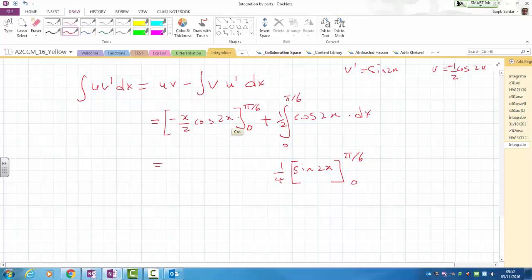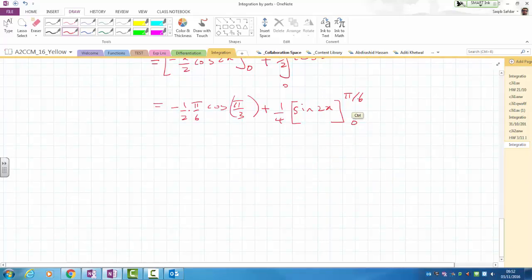And for this part here, we know cos of 0 times 0 would just give us 0. So we've essentially got minus a half times pi over 6 times cos of 2 pi over 6, which is simply pi over 3, and then plus that second part.